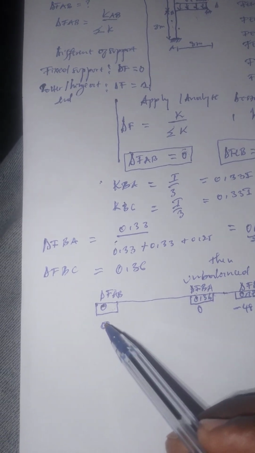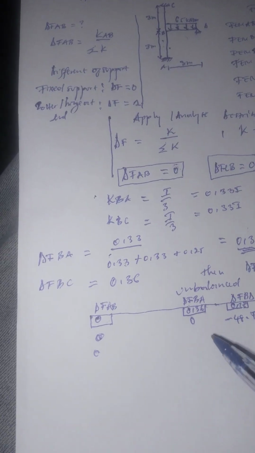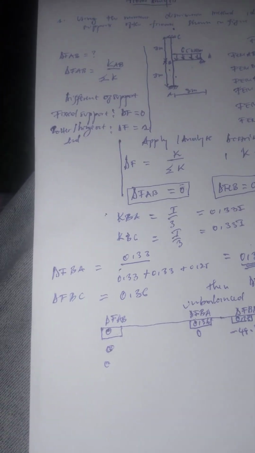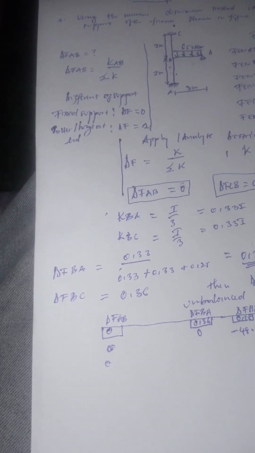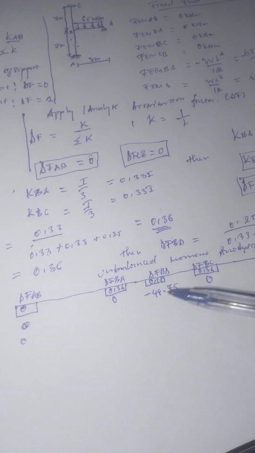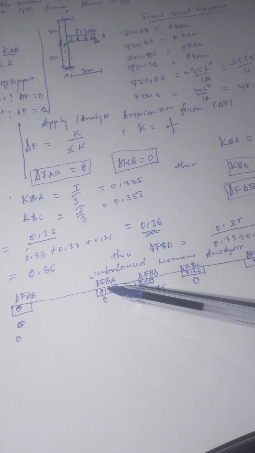Here we analyze by taking this and multiplying this, we get 0. Then here we get 48 as summation of this. Then multiply by distribution factor with the negative sign.